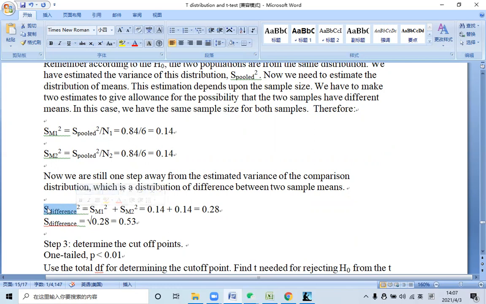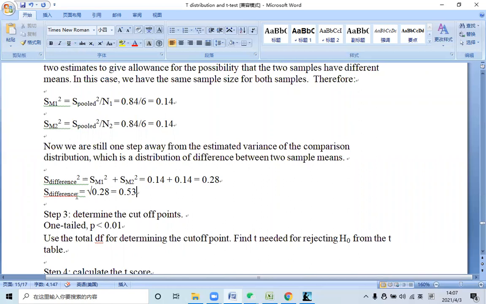This would be the estimated variance of the difference between two samples, the sample of experienced subjects versus inexperienced subjects. In this case, you add them up.